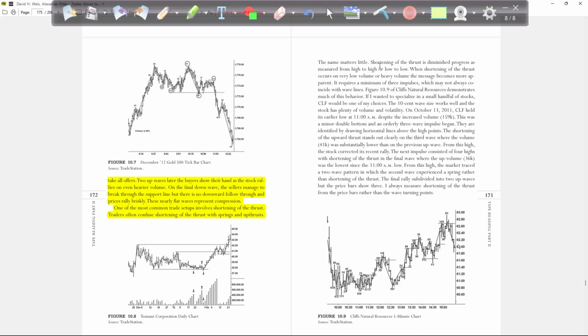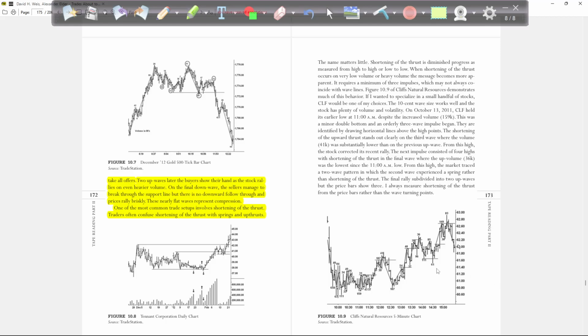When shortening of the thrust occurs on very low volume or heavy volume, the message becomes more apparent. It requires a minimum of three impulses, which may not always coincide with wavelines.